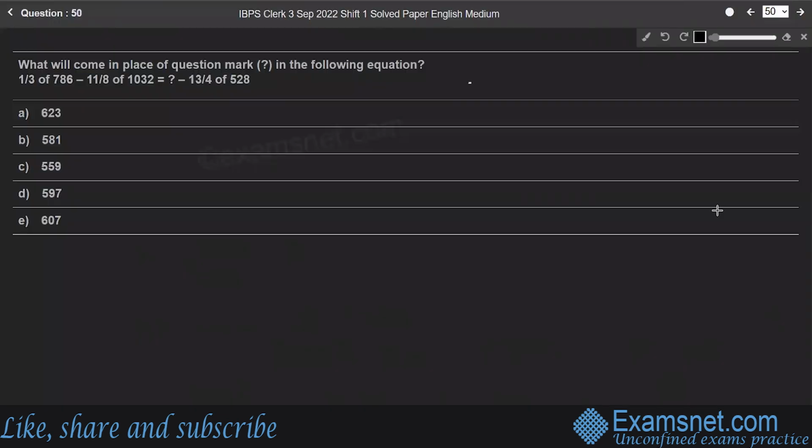Question 50. What will come in place of question mark in the following equation? Here the equation is 1 by 3 of 786 minus 11 by 8 of 1032 is equal to x minus 13 by 4 of 528.